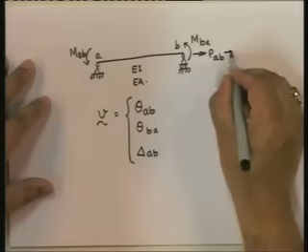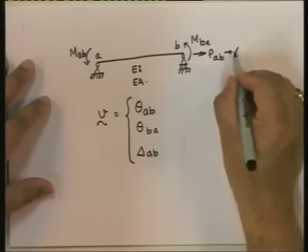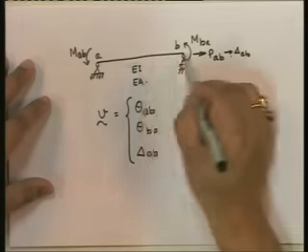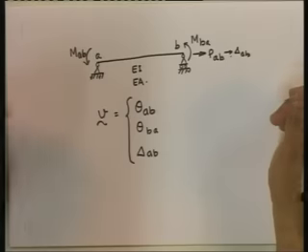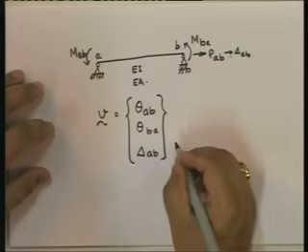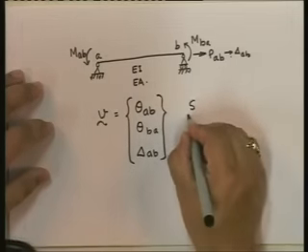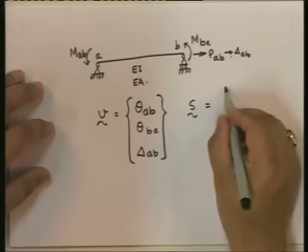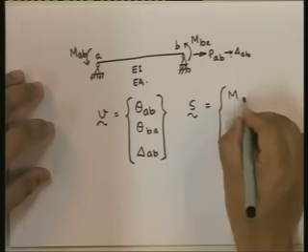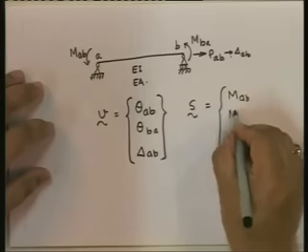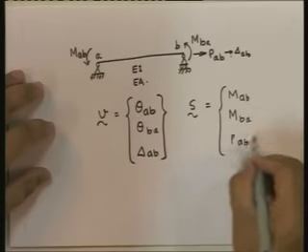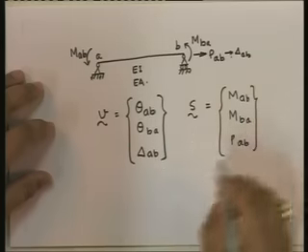Delta AB is this, the deformation, the change of length of member AB actually. Okay, so this is different from the earlier situation. Now S is equal to MAB, MBA, and PAB.